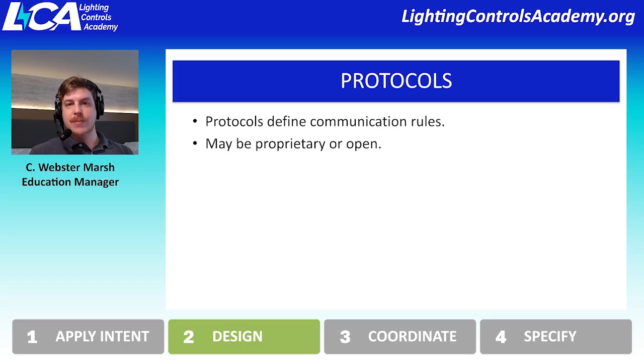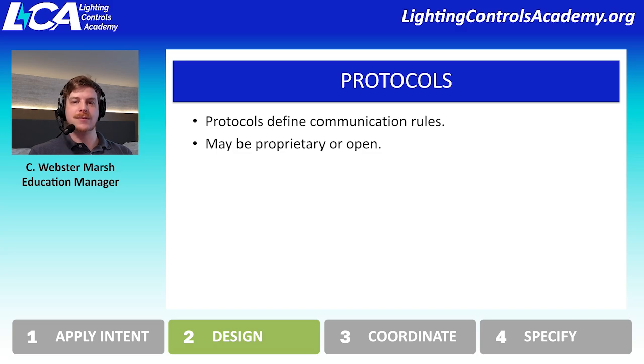There are basically two major categories of protocols. The first one being proprietary and the other one being open. Proprietary means that it is not available to everyone, and as a result, there are very specific brands that have access to that protocol.